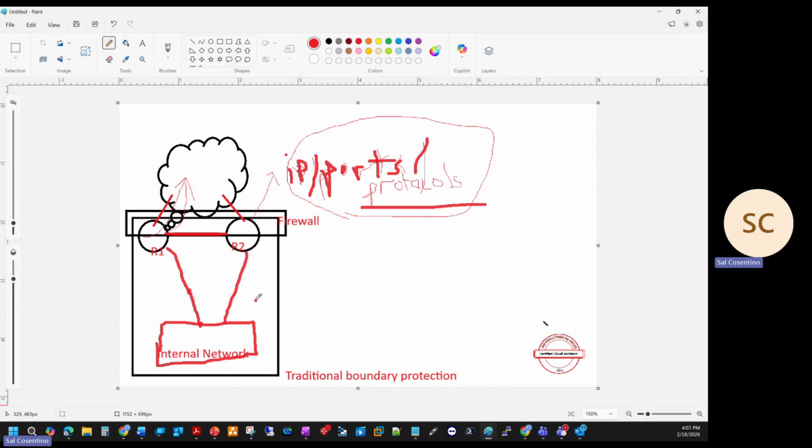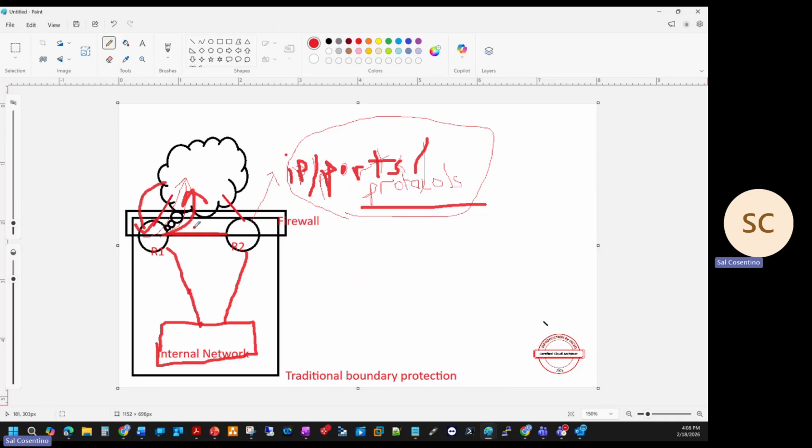The firewall would be at the edge of that, or somewhere inside the internal network itself. And traffic goes in and comes out from the router, or from the firewall.